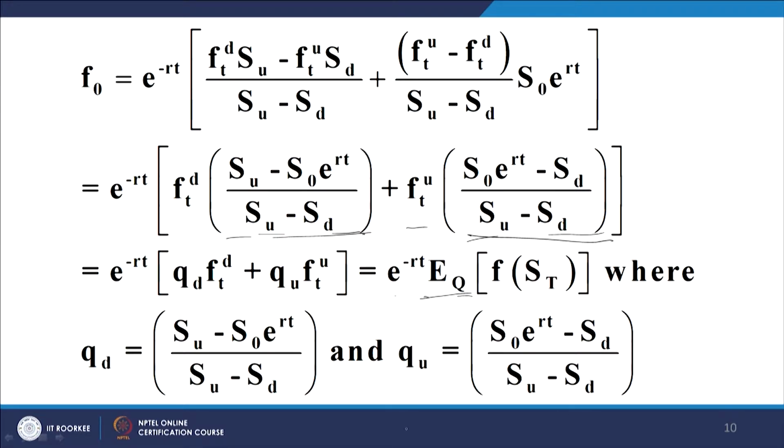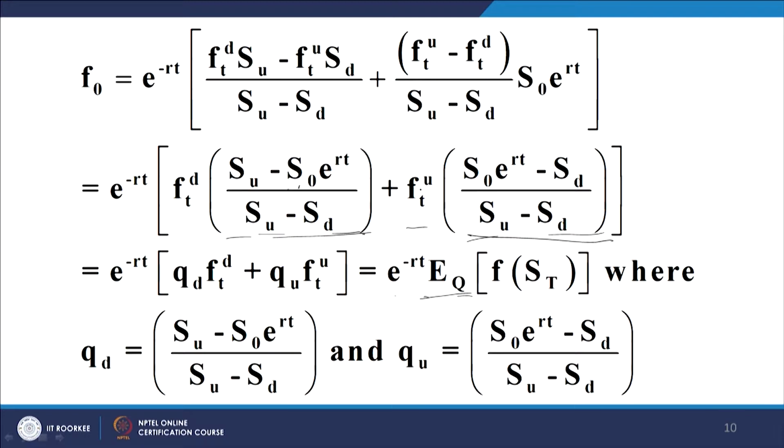Why we can write it like this, we are coming back to it in the next slide. For the moment we are simply writing it like this, and we are interpreting this as qu and this as qd. This is qd, this is qu. qd gets multiplied by fd and qu gets multiplied by fu.